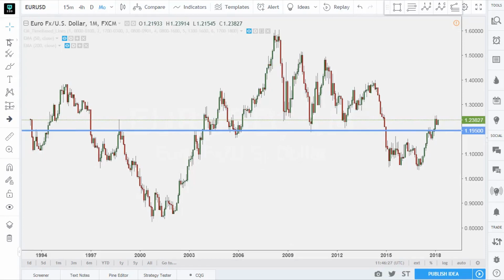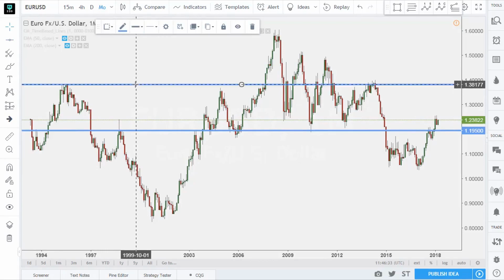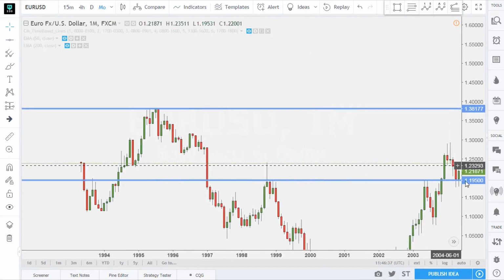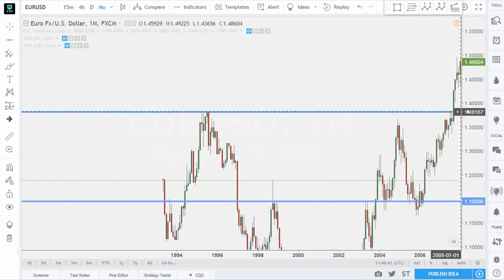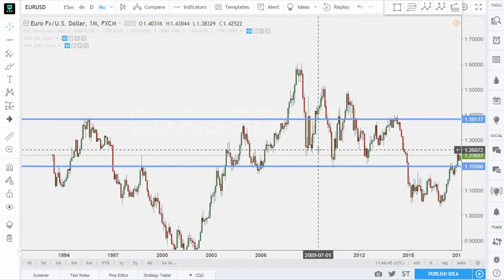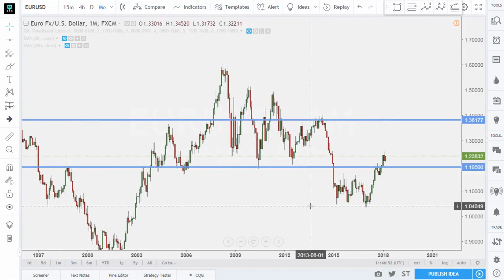So let's go and draw in the other ones. Let's look where we have some resistance. We can see it right here. We have price respecting this level when it bounced off many times. You can go all the way back and use the historical data and the present data to make these levels very accurate.